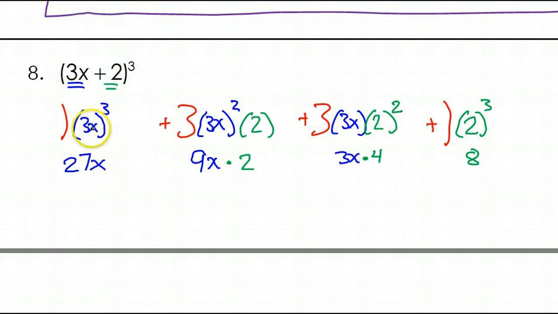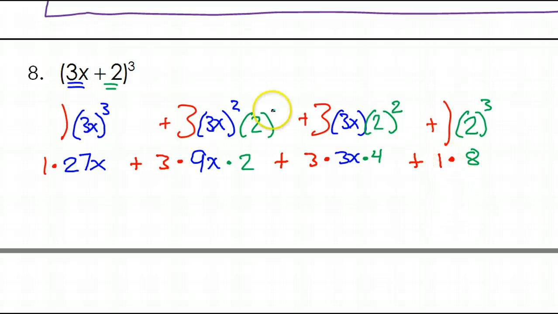So this was just, well, I meant for that to be red. This is just a 1, so I didn't really need to put it. But then I've got my 3. And I've got another 3. All right, so notice these are multiplying. So I'll just put the little multiplication dot. And then again, it's just a 1. I didn't really need to put the 1 right there.